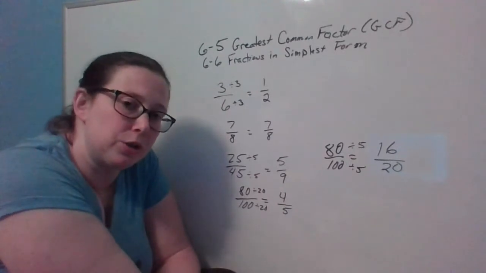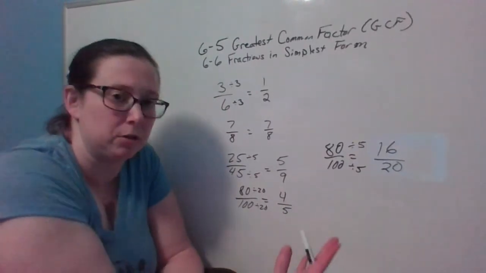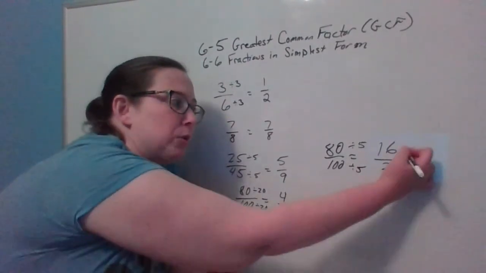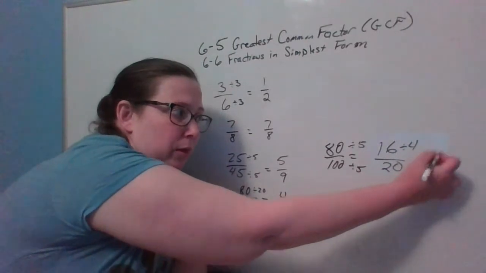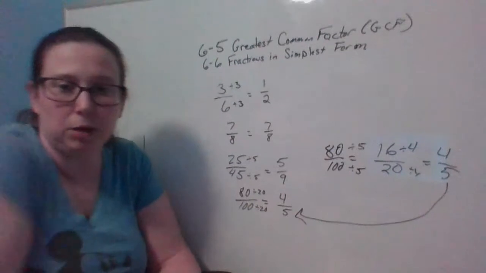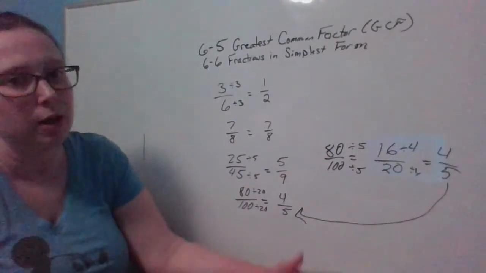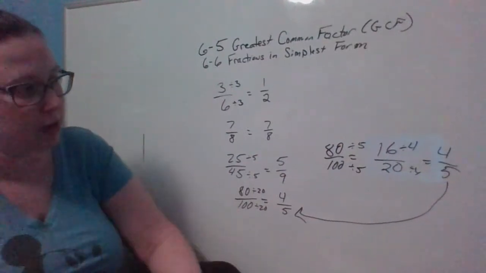So if you don't get your GCF right away, it's not the end of the world. You're just going to have to simplify again. So here I can say 4 goes into both of these, and then I will get 4/5. And notice it's the same thing we got when we used the GCF. It was just a step shorter when we found the GCF and used that.